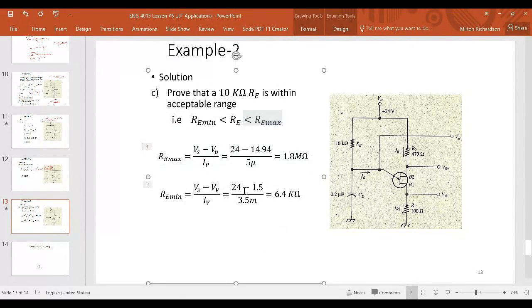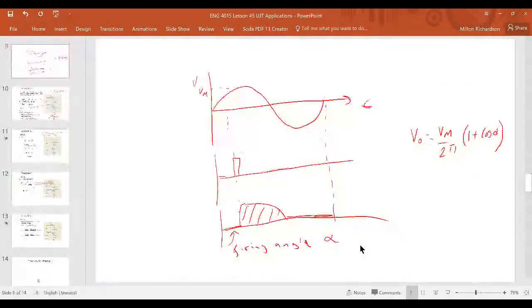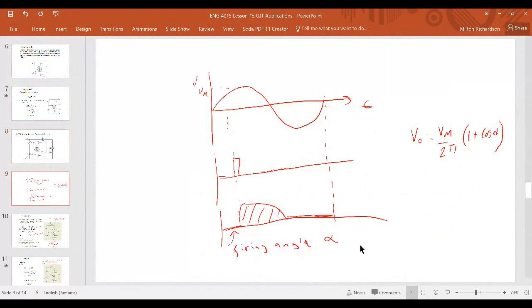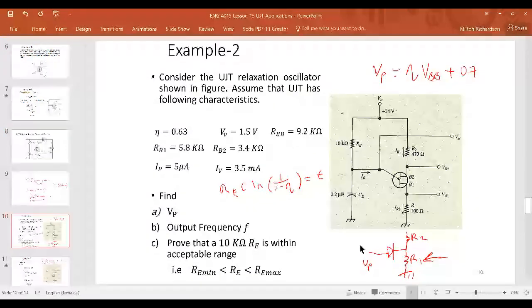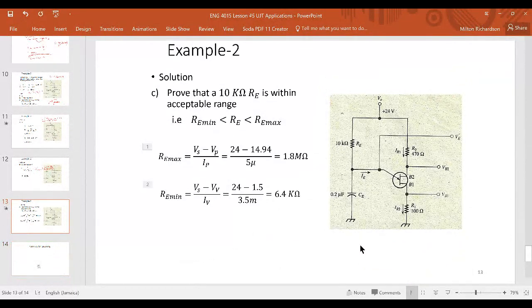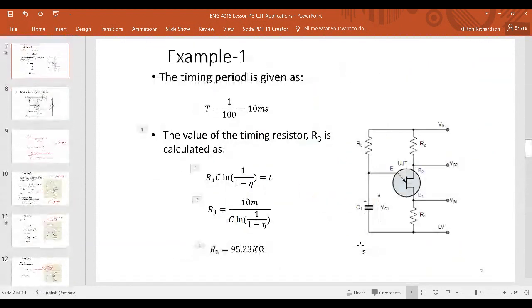And you do the same thing for the valley. You can look, what did they say this value? The valley current was 3.5 milliamps. Okay, 3.5 milliampere. All right. And the valley voltage, is that right? Yes, sir.